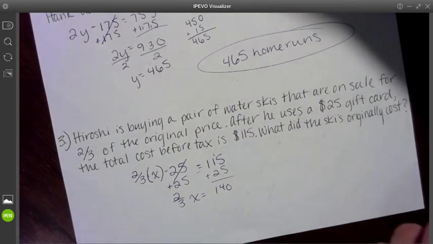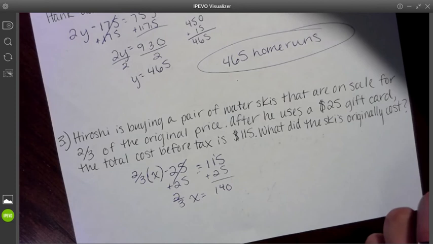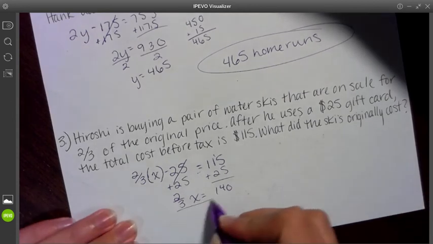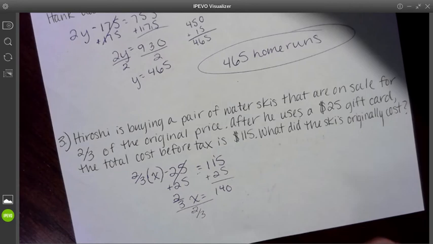So 2/3 x equals 140. I need to get x by itself. So I need to get rid of that 2/3, but that's tripping me up because that's a fraction. So am I really just going to divide by 2/3 on both sides? That sounds like a pain.